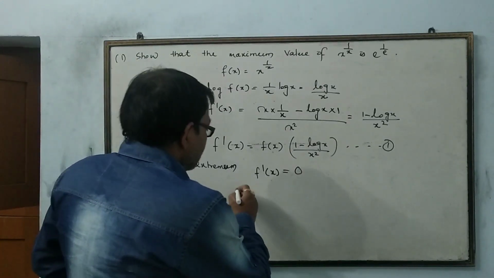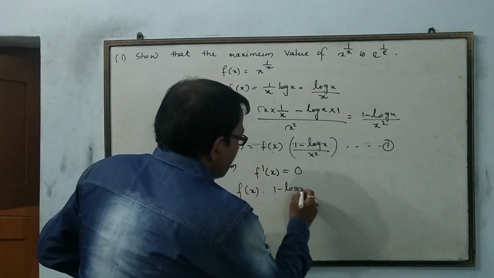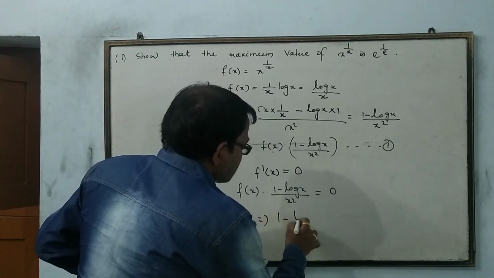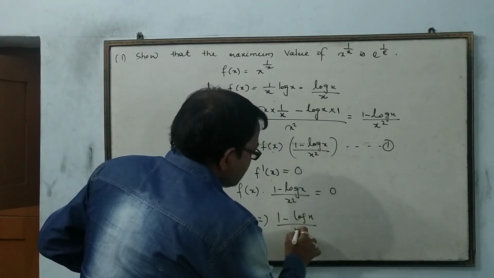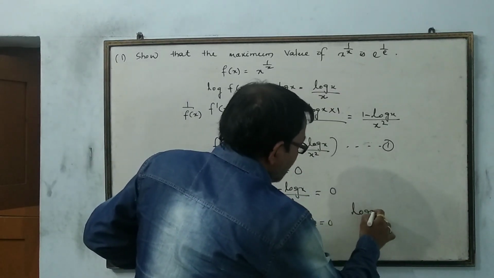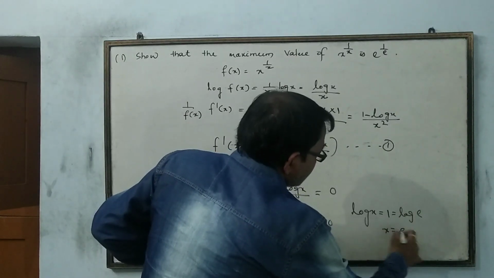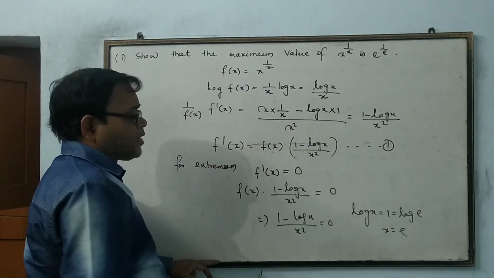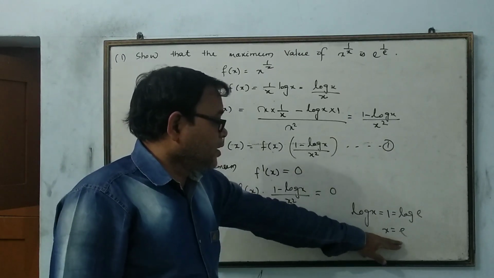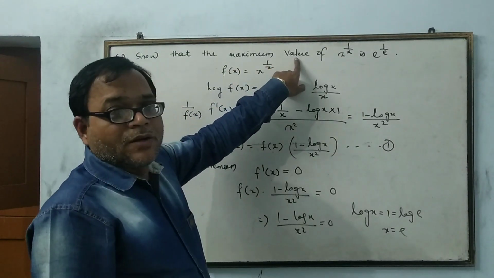That's why f of x into 1 minus log x by x square is equal to 0, which implies 1 minus log x by x square equal to 0. Therefore, log x is equal to 1, which is log e, so x is equal to e. We have got the point of extremum x equal to e. Then we have to check whether the function is maximum or minimum.